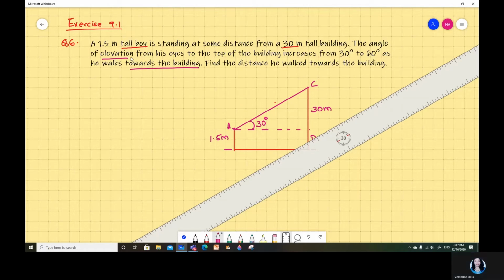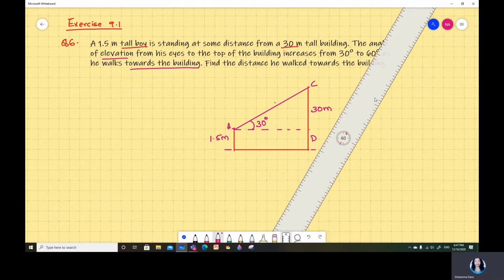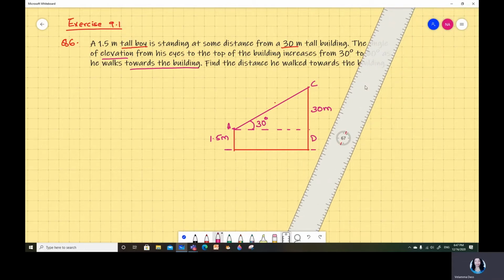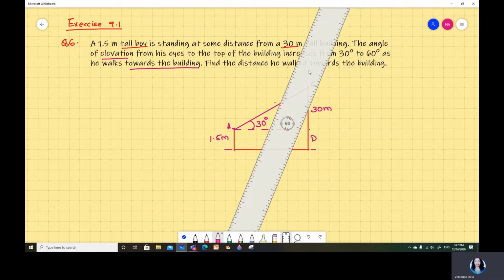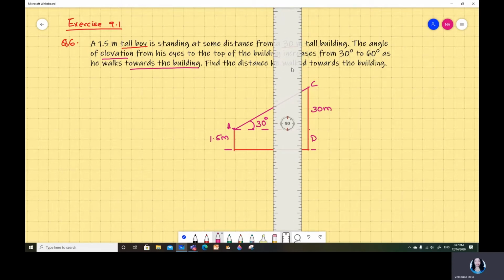Now, it is given that the elevation increases to 60 as he walks towards the building. So when the boy walks towards the building, the angle is increasing. If he walks more towards it, the angle will always increase. Remember, when we go close to any object, the angle will always increase.